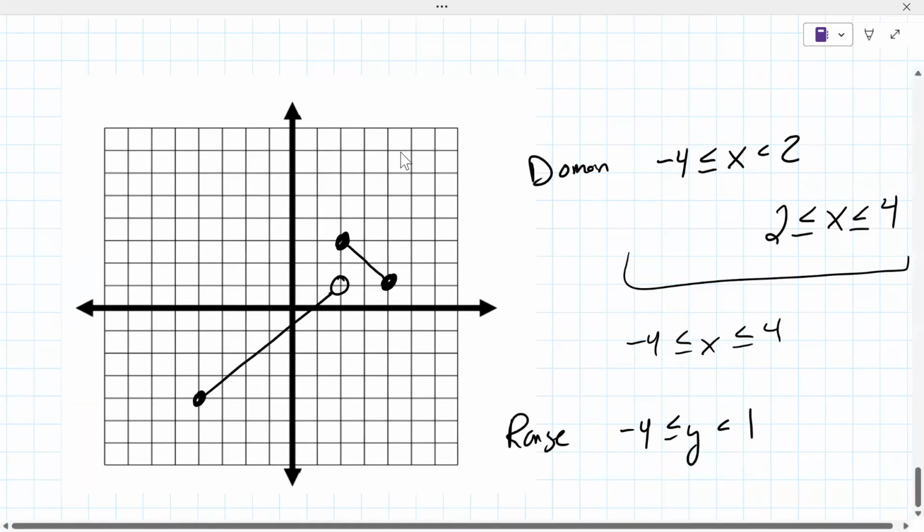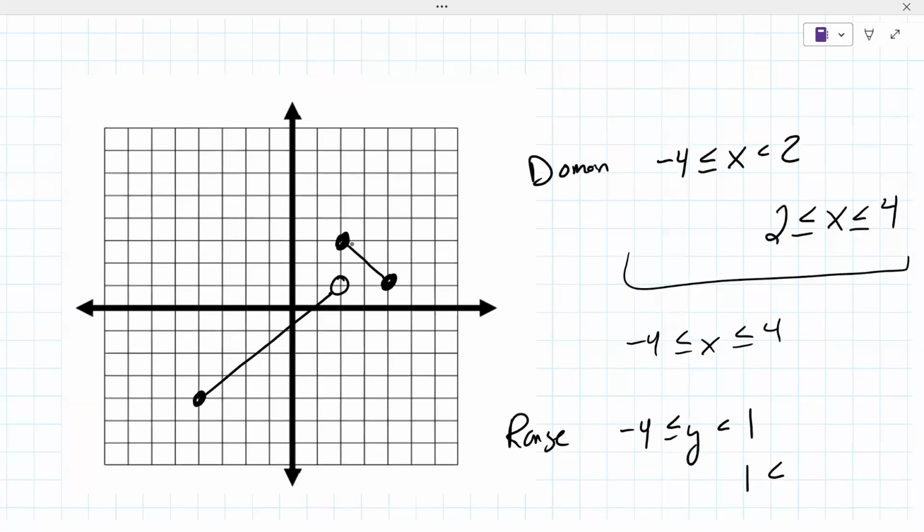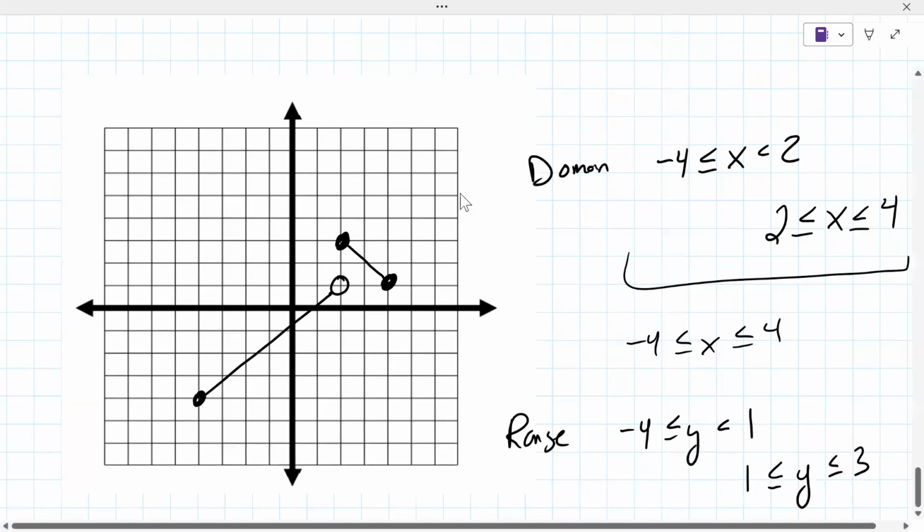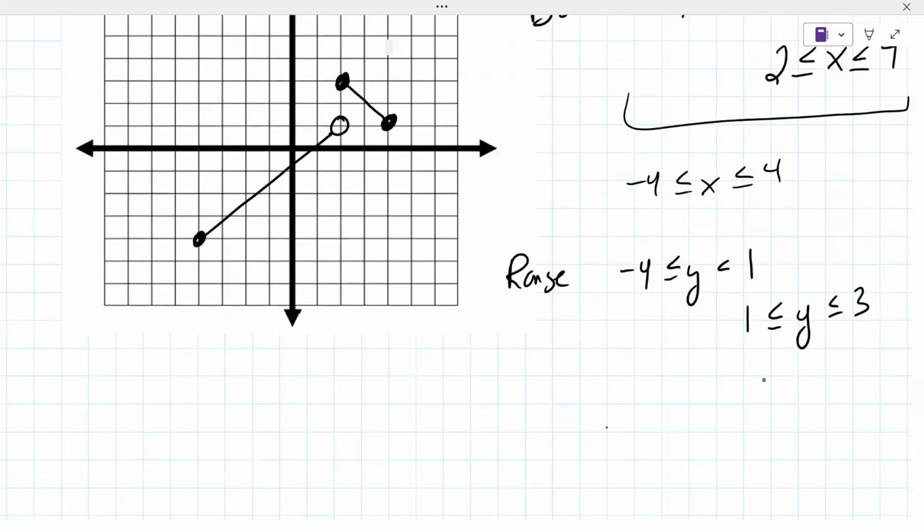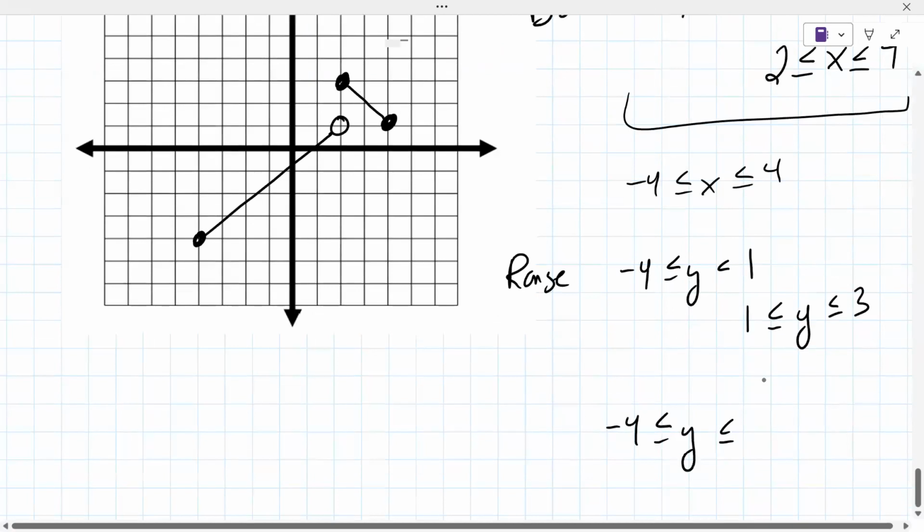Well, it goes from this one on the right up to 3 on up here. 1 less than or equal to y less than or equal to 3. You see that there's an overlap there? Yeah. Okay, so it's really -4 less than or equal to y less than or equal to 3.